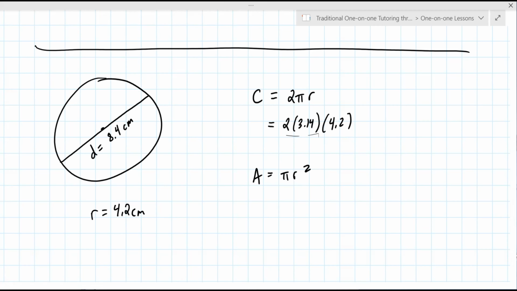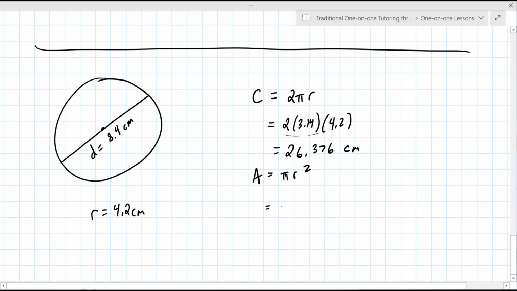Do you need me to show you how to do it in the calculator? I got it. 26.376. And what are the units that go along with that? Centimeters. Good.